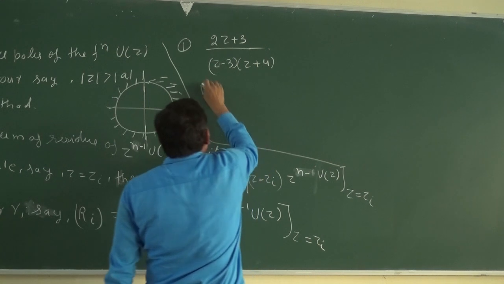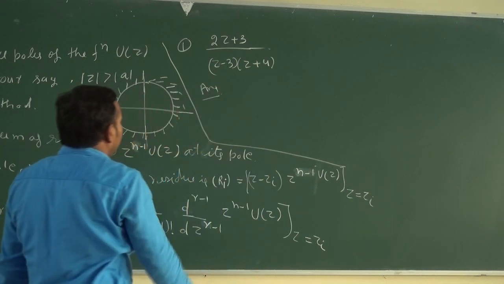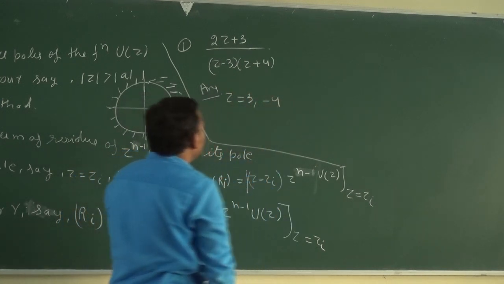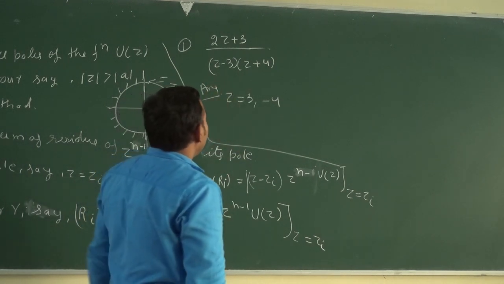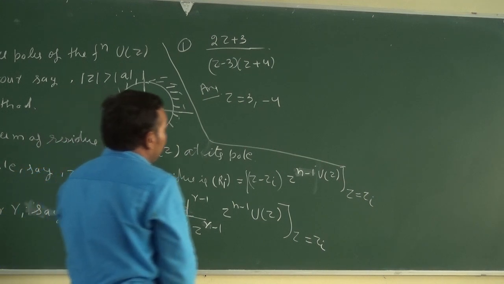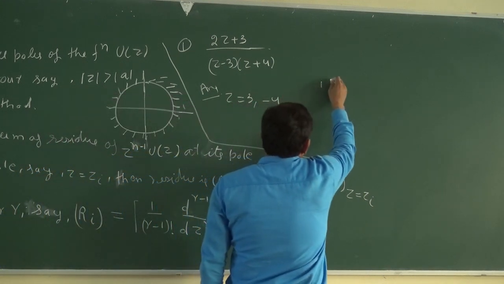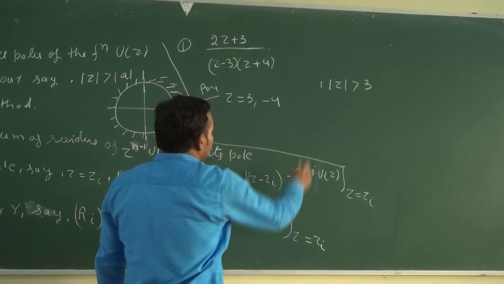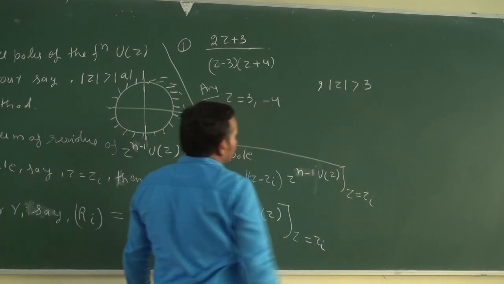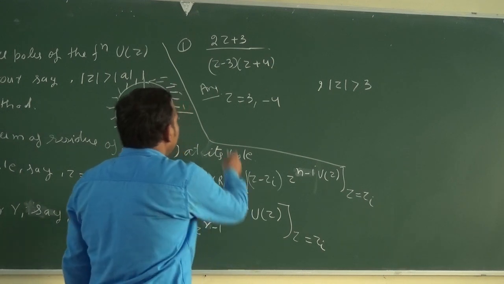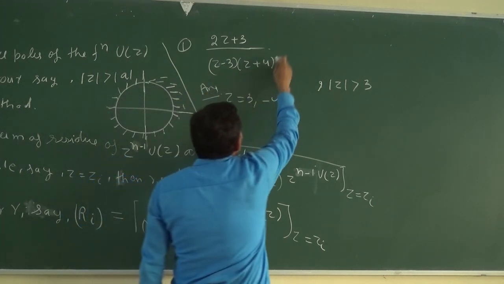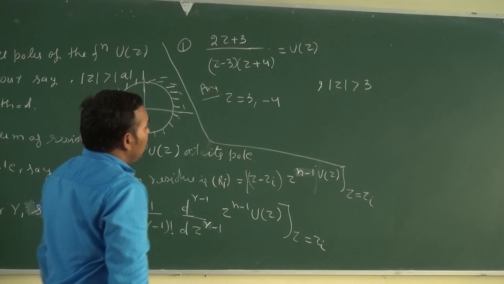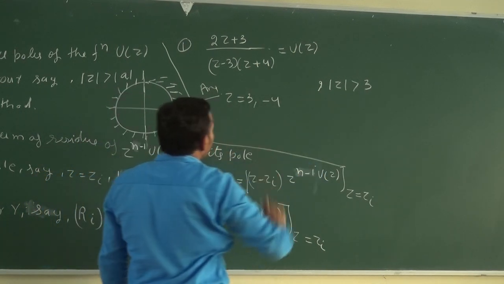Here, first check: Z is equal to 3 and Z is equal to minus 4 are simple poles. So take the region mod Z greater than 3 such that all the poles of this function, say this is U of Z, lie inside the contour. Say this is the contour.